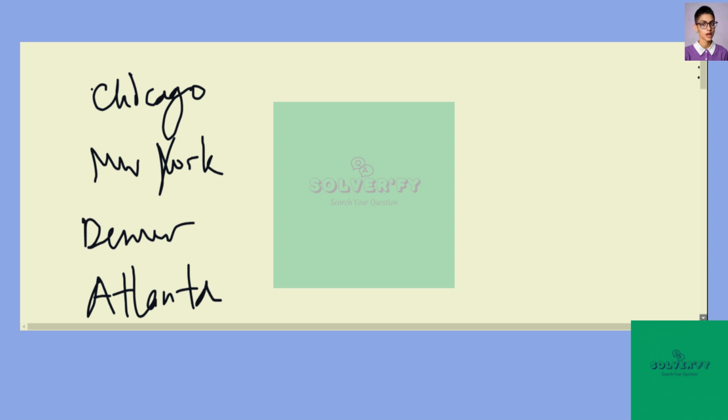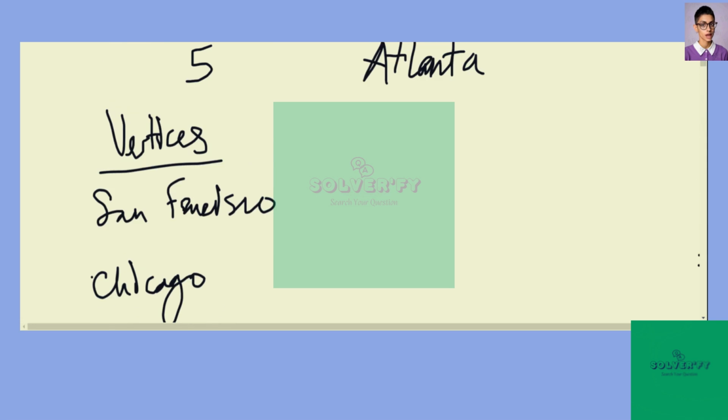And we have that for San Francisco, the edge incident to San Francisco with the smallest weight is the edge San Francisco-Denver.